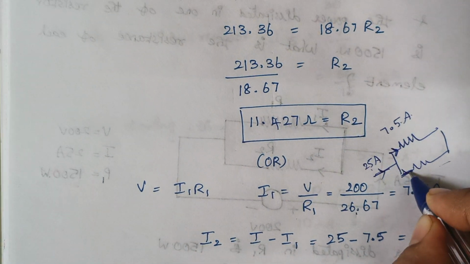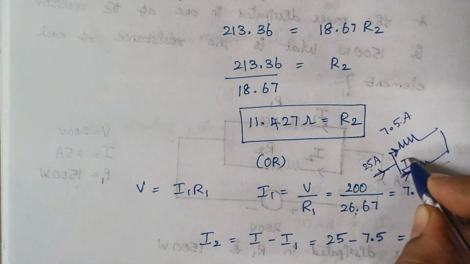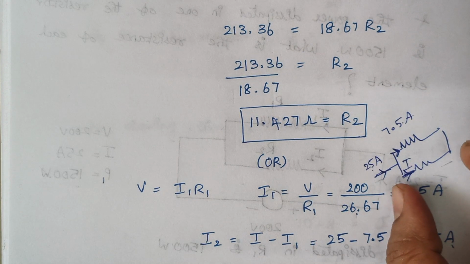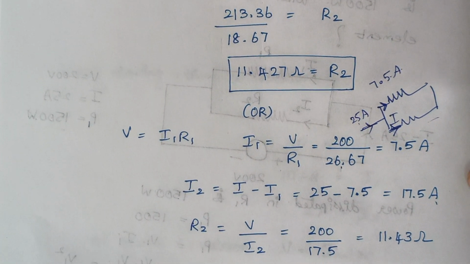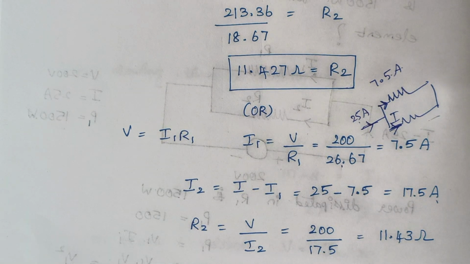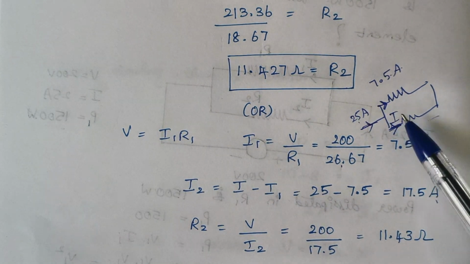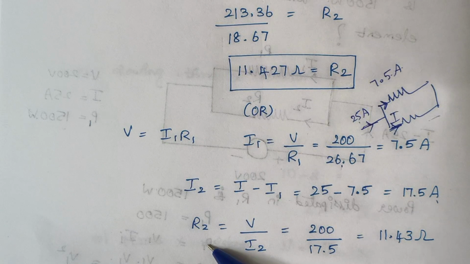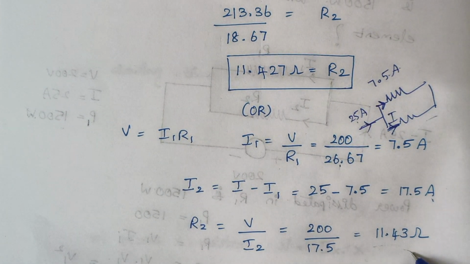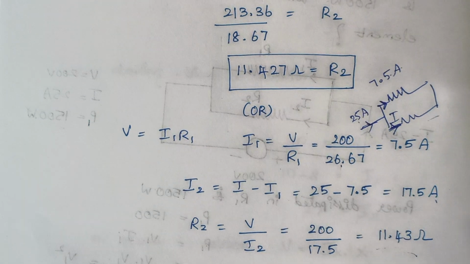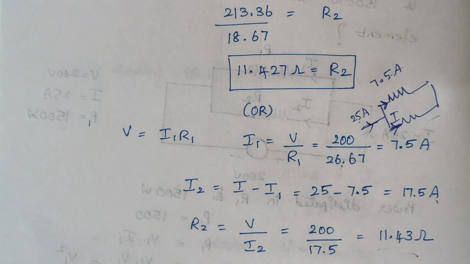So we know the value of current flowing through the resistor and we know the value of voltage across this resistor because voltage across the resistor is 200 volt. It is given directly in the problem. So with the help of this voltage and the current, we can calculate R2. Right? Again, it holds the same answer, 11.43 ohms.